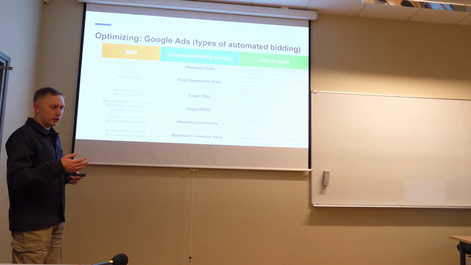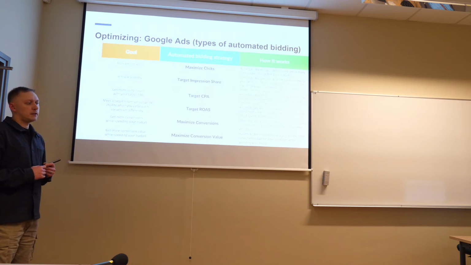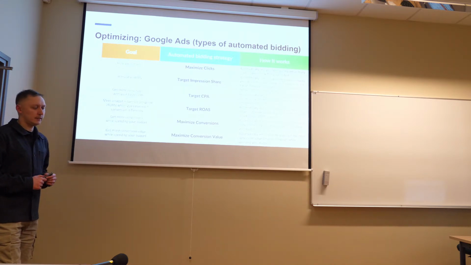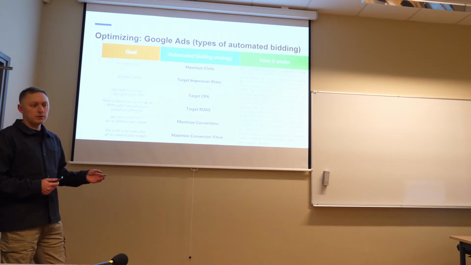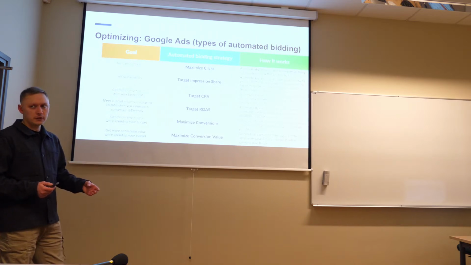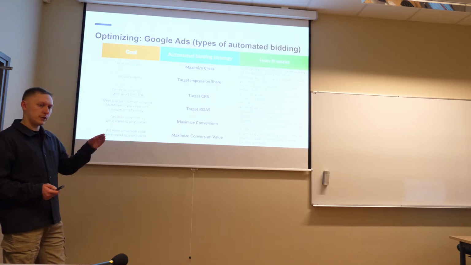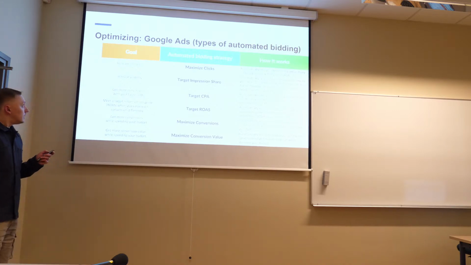It is also matched to your campaigns and your keywords, and then the algorithms try to maximize your conversion values. The easiest example is, let's say one keyword brings you a €1,000 purchase, other keywords bring you €10 purchases, so the algorithms bid higher on the keywords that bring you €1,000 purchases.